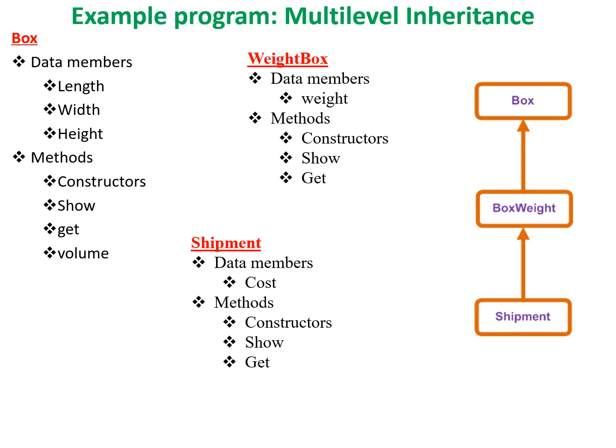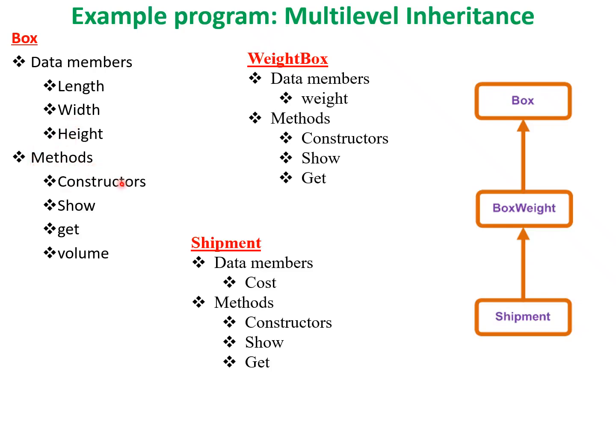In a multi-level inheritance, the Box class is the base class, and BoxWeight is a subclass. It derives the properties from the Box class, and the Shipment class is the subclass of the BoxWeight class. The data members of the Box class are length, weight, height.